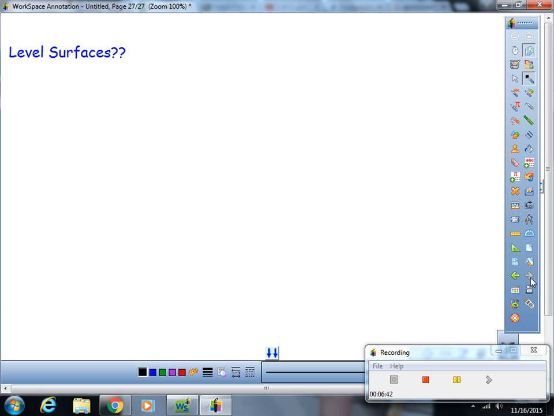So let me give you a for instance. What if we had x squared plus y squared plus z squared minus 4 equals 0. Well, now what that is, and we're going to loosely use this notation, okay?